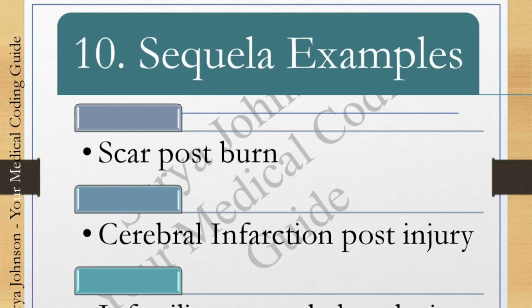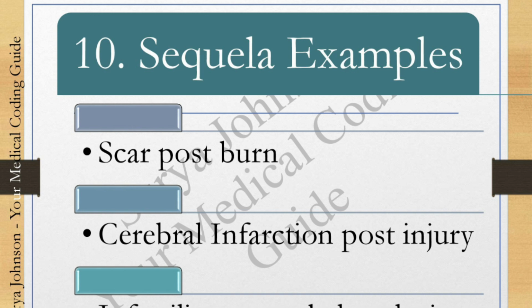For example, after a burn, after some months, the patient will develop a scar, right? So scar is a sequelae of the burn that has happened to the patient. Another example is an injury that has happened to a patient long back. After some years or some months, it's not like all patients will develop, but sometimes the patient might develop a cerebral infarction.